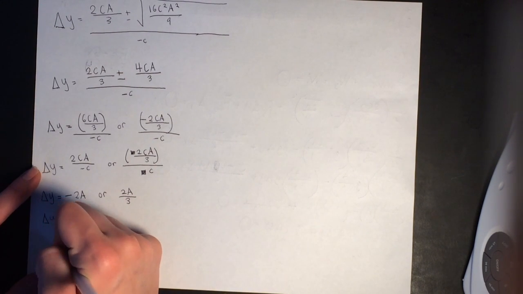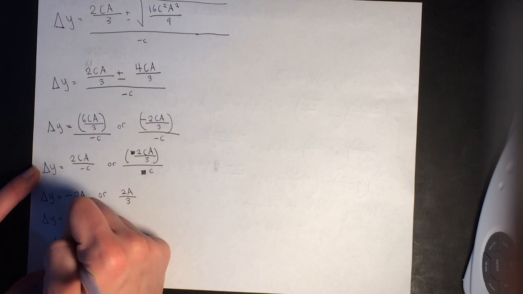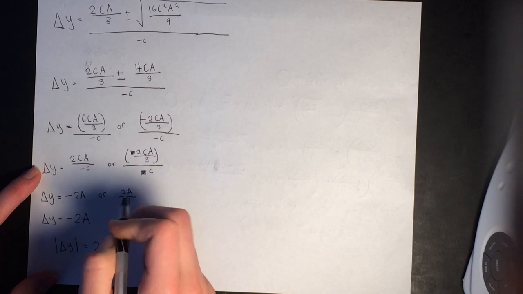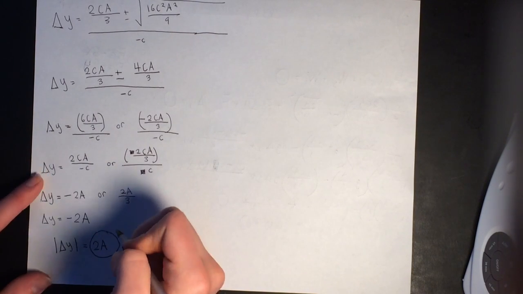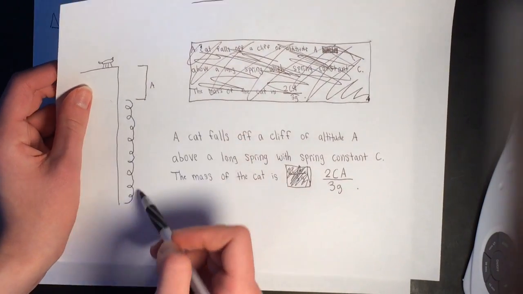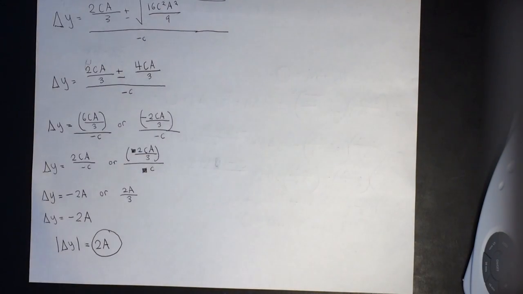So the compression would probably be equal to the absolute value of delta y, or just 2a. And that would probably be the answer, because saying that the spring compresses 2a is basically saying that it goes down by 2a.